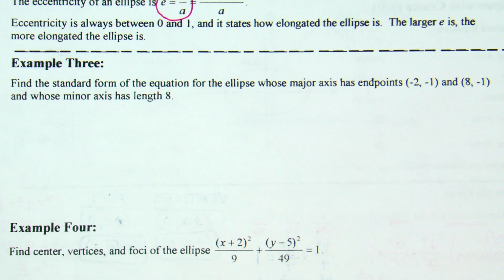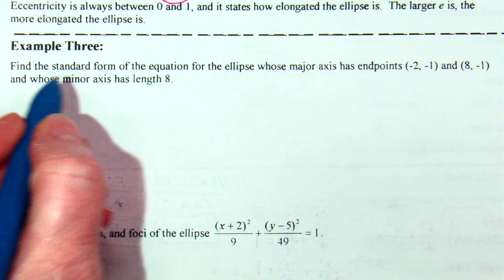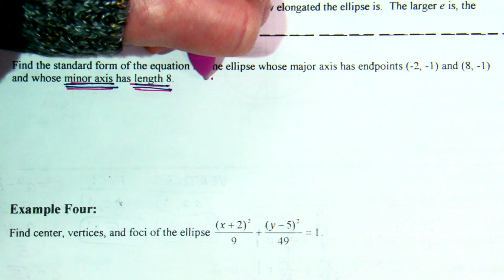Thoughts? What can you tell me about this example? It tells us the minor axis has length 8. If the minor axis has length 8, what do we know according to the chart? I agree with what you both said.